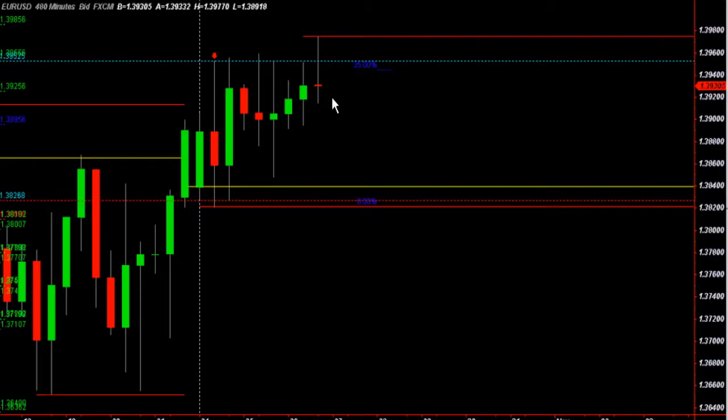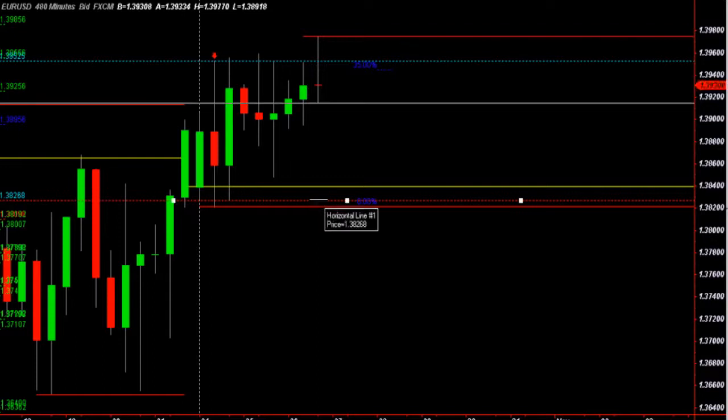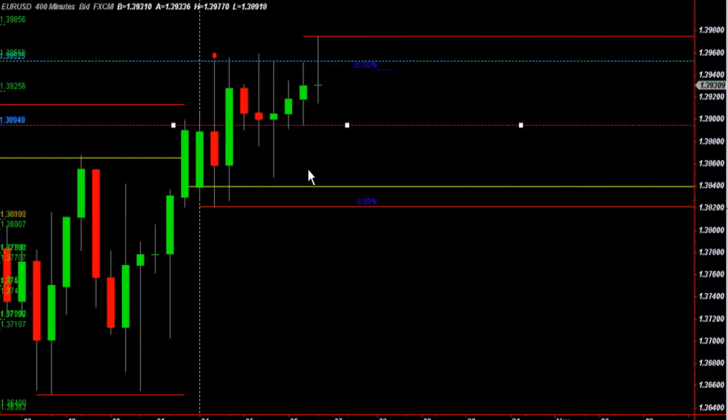Any subsequent bars that complete as a bearish bar can be used for trade management. So for example, let's say this bar here is a bearish bar. Well, this trade triggers, and then we could use the low of that bar there for trade management if it was a bearish bar.